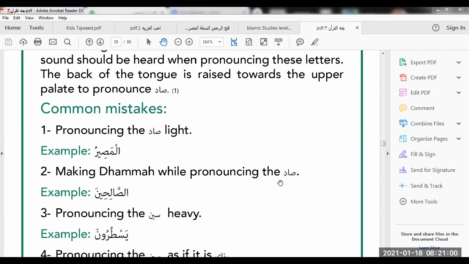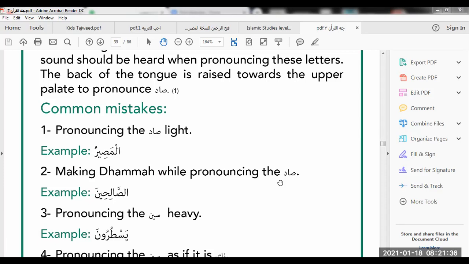We shouldn't use the lips when we pronounce صاد. It's sa, not so. الصالحين, with your lips straight as usual.